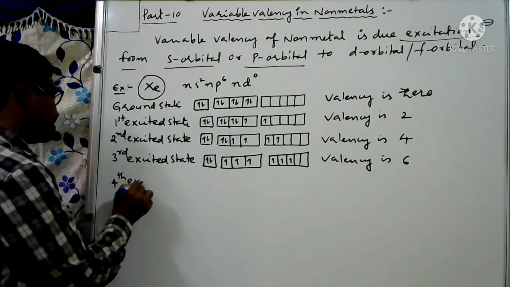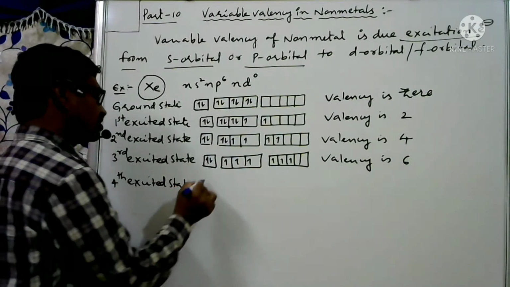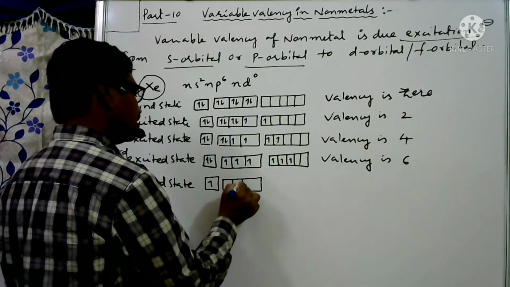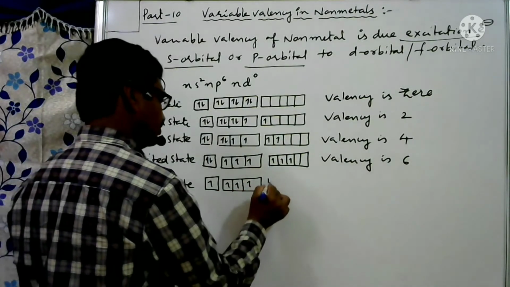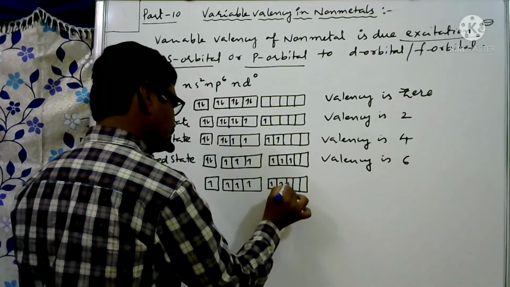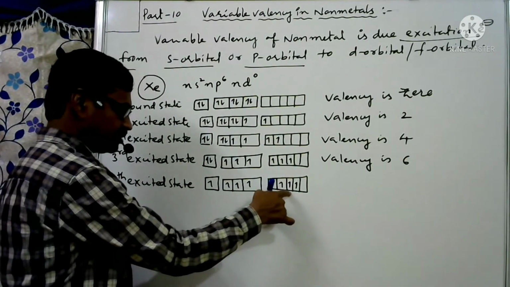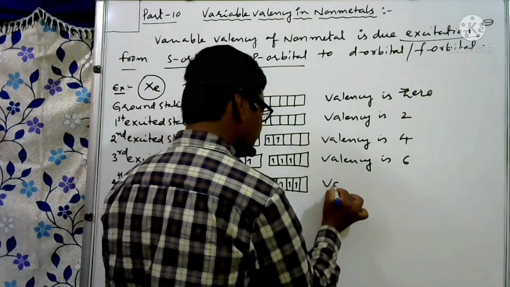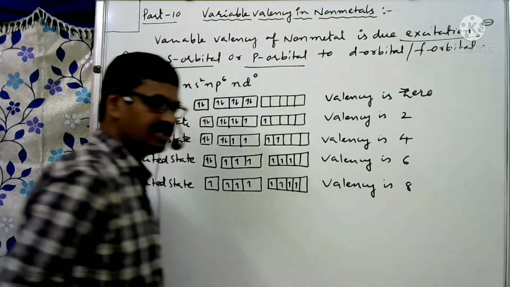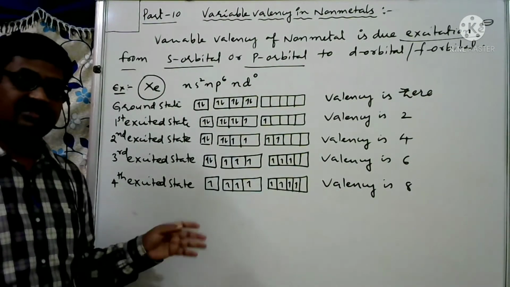In the fourth excited state, the s electron pair also jumps from the s orbital to the d orbital. 1, 2, 3, 4, 5, 6, 7, 8. Total 8 unpaired electrons are present, so the valency is 8. Combining capacity is 8. Like this we can expect different, variable valencies.